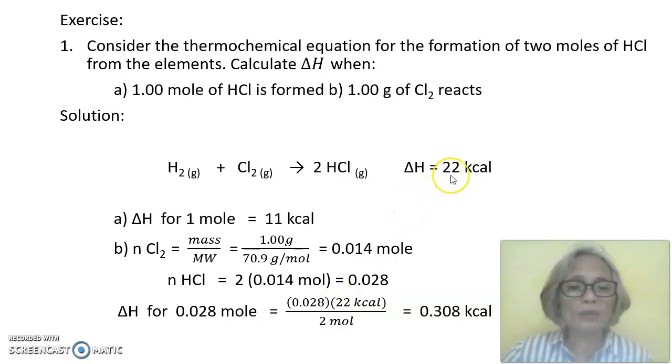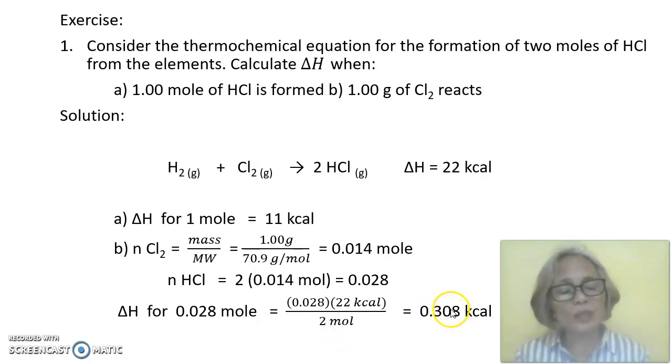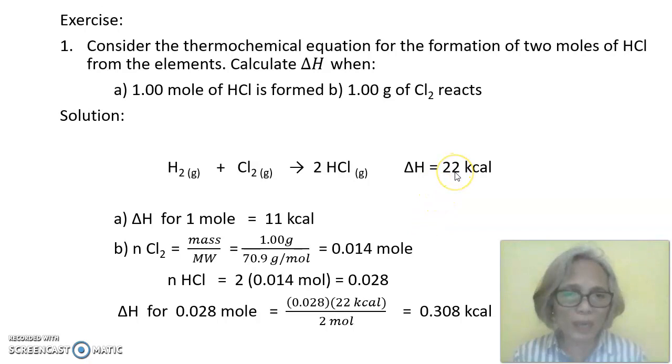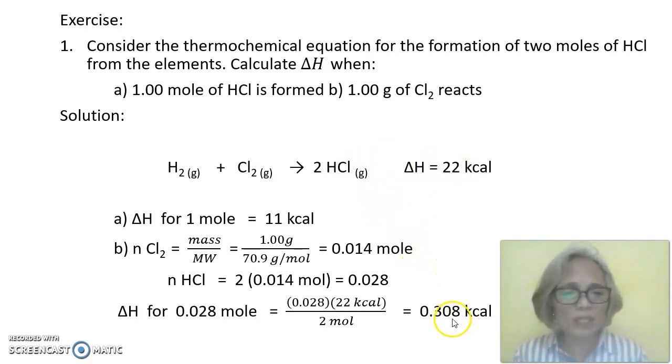If 22 kilocalories is equivalent to 2 moles, how many kilocalories is equivalent to 0.028 moles? 22 kilocalories times 0.028 divided by 2 gives 0.308. This is in consonance with rule number 1: the delta H is proportional to the amount. So 22 kilocalories is equivalent to 2 moles, whereas 0.308 kilocalories is equivalent to 0.028 mole.